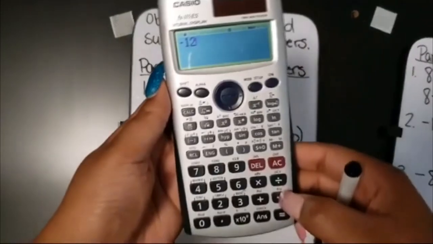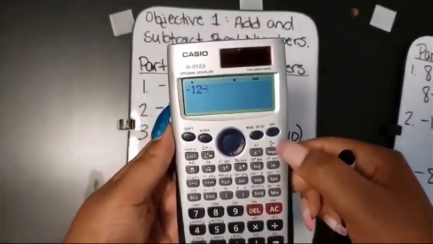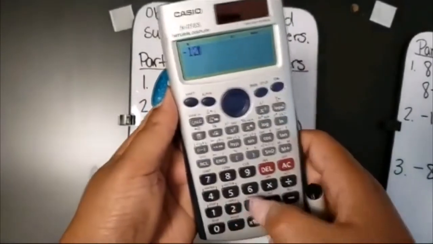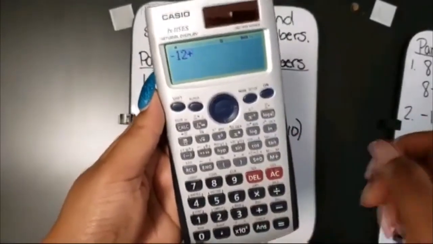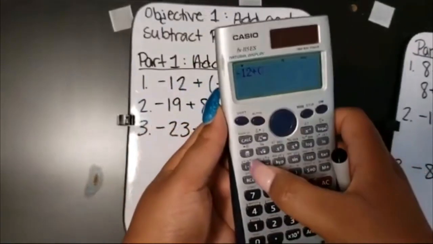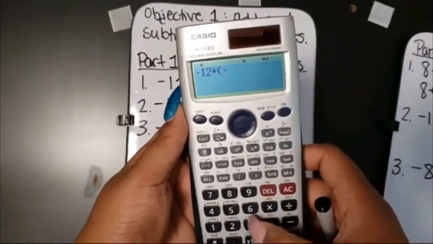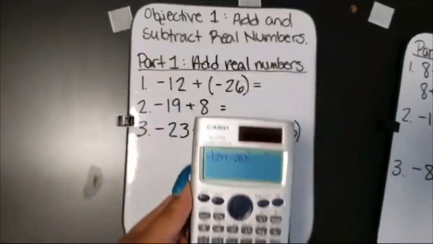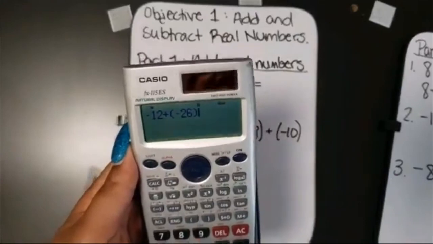And I can do a plus sign. Then I can do parentheses, another negative sign, 26, and close the parentheses, okay?